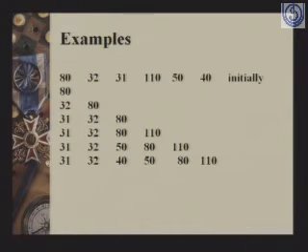And because all the numbers in the list before 32 are already less than or equal to 32, therefore we have again a sorted sublist consisting of 31, 32, 40, 50, 80 and 110. And because no more elements are left in the initially given list, therefore the last line contains a sorted list.